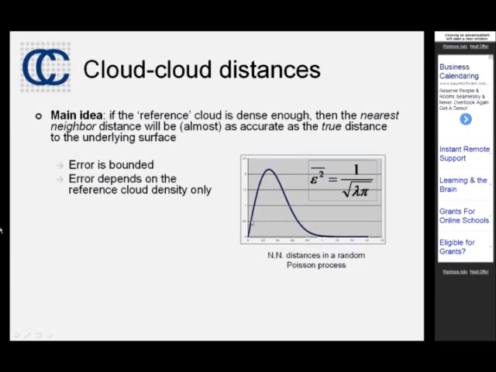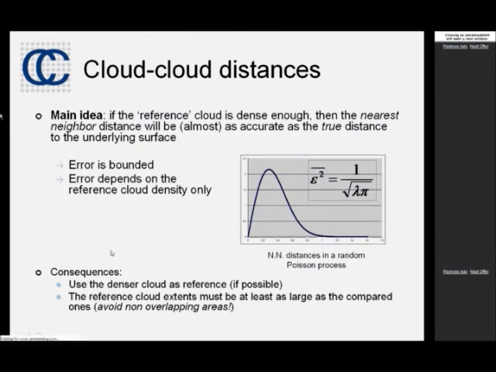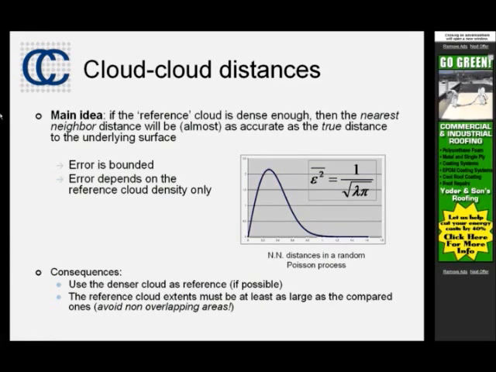As a consequence, and this is a very general remark, you should always use the denser cloud as a reference, of course, if it's possible. You'll get a much lower error if you use the denser cloud as reference, and you don't need high density for the compared cloud.